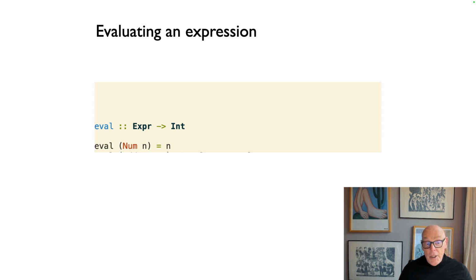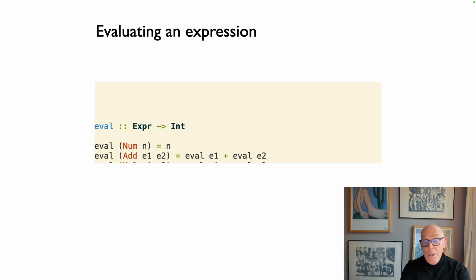Well, the first case is straightforward. To evaluate a num expression, we just return the number it contains. What about evaluating an add? Remember what an add is. It says it's an add, so we know it's an addition, and then it has 2 sub-expressions.